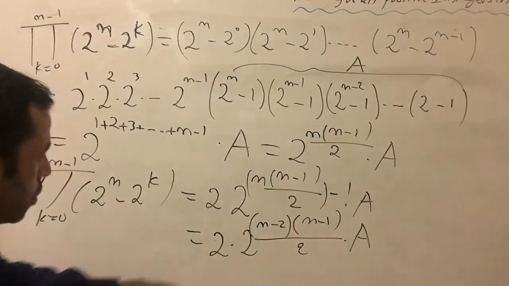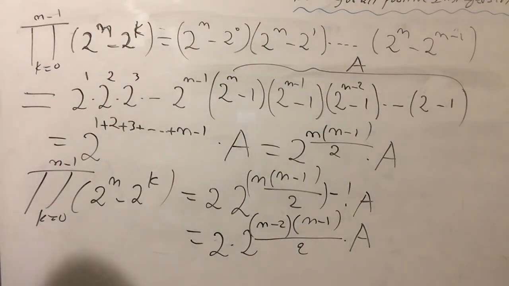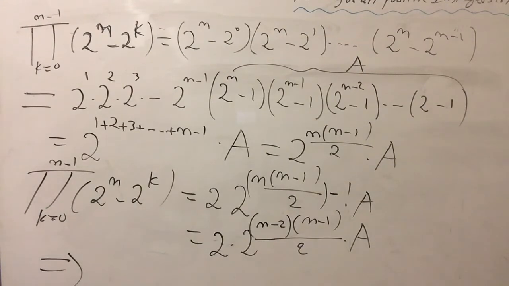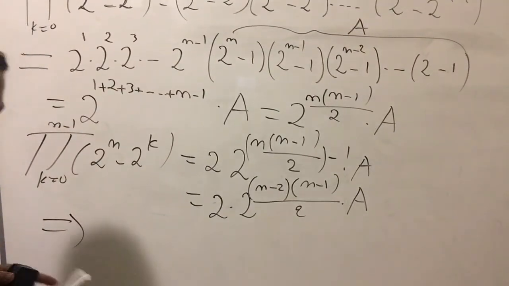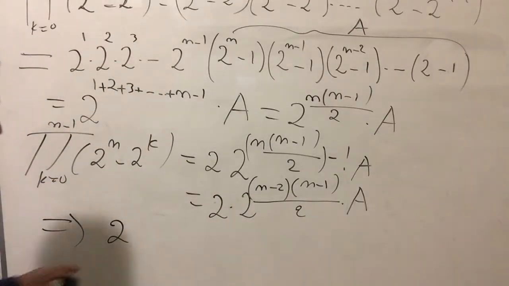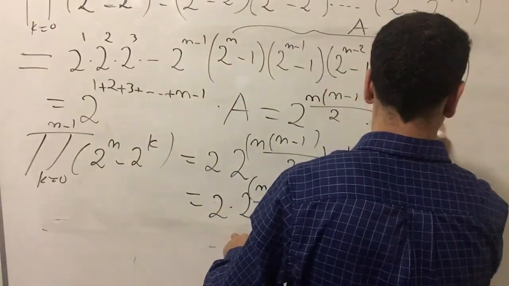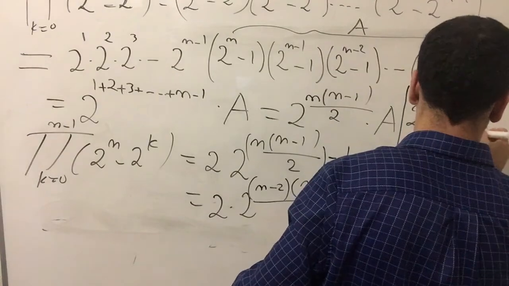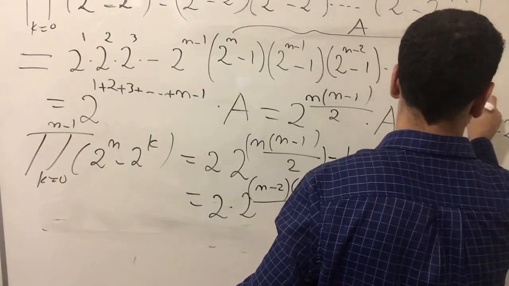So now what is this? I have this one equal to this one, that means 2 divides this product, 2 to the n minus 2 to the k, as k goes from 0 to n minus 1.